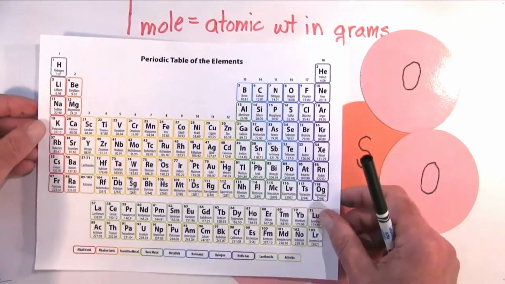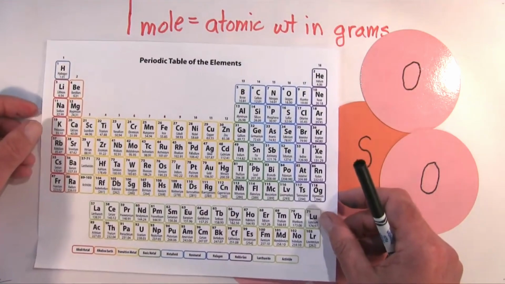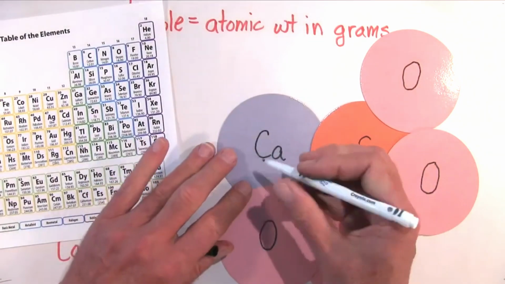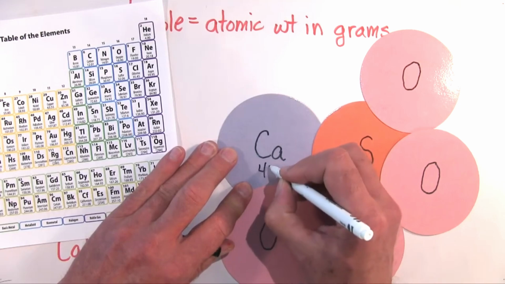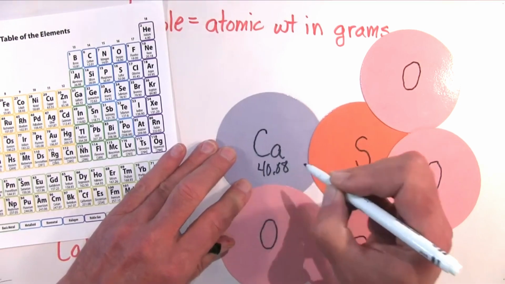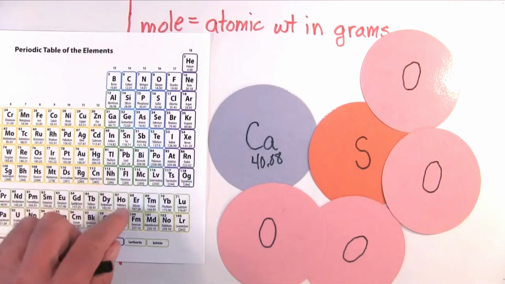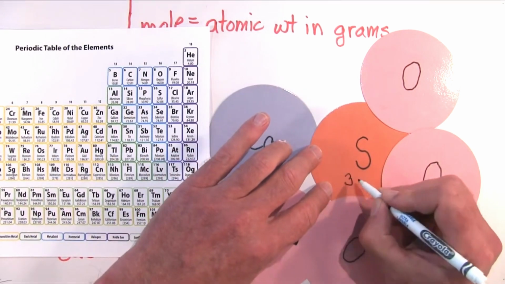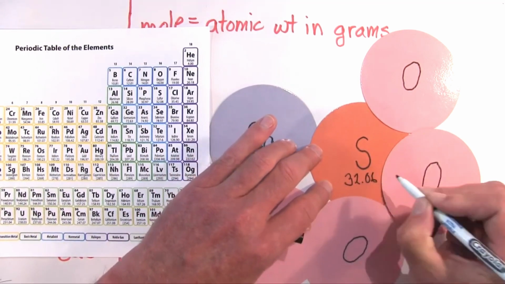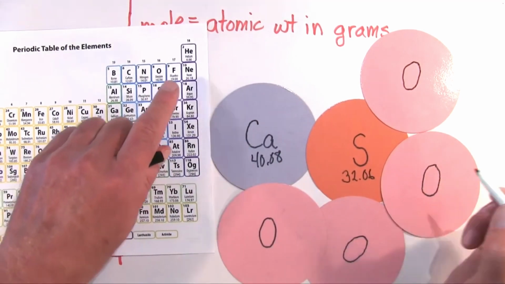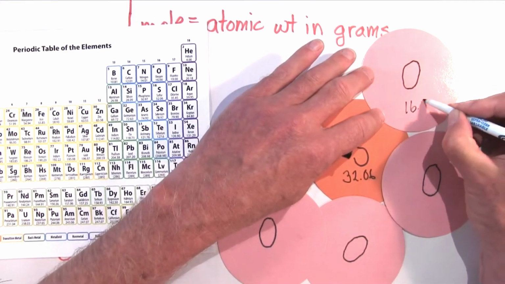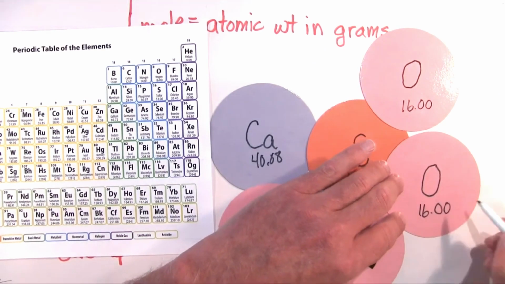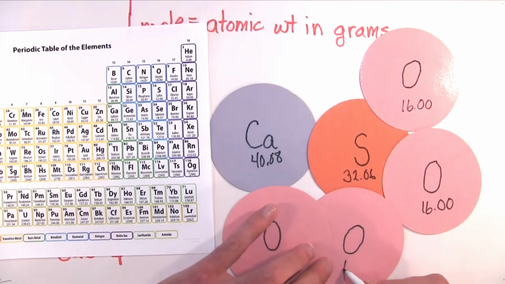Now, if we use the modern periodic table, this one, we're going to see that calcium has 40.08. So we're going to write in calcium at 40.08. Sulfur is 32.06, so we're going to write that one in as 32.06. And oxygen is 16.00. There's one of those. 16.00. There are 2 of those. There's 16.00.